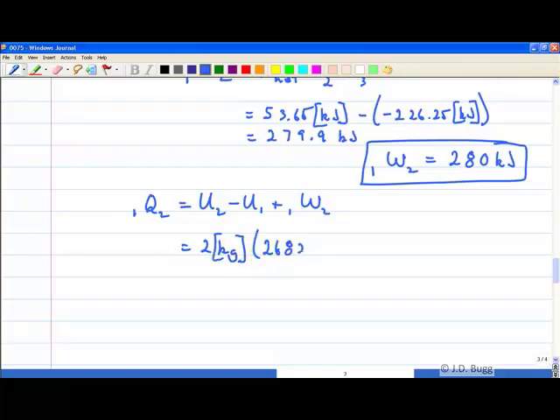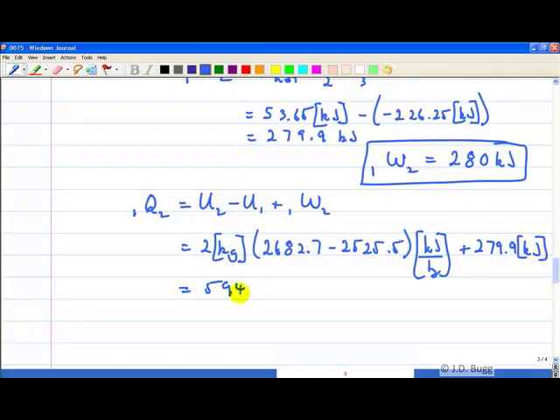U2 is 2682.7 minus 2525.5 kilojoules per kilogram plus 279.9 as our work. And that's already in kilojoules. So this works out to 594.3 kilojoules. So our final statement for Q from 1 to 2 is 594 kilojoules.